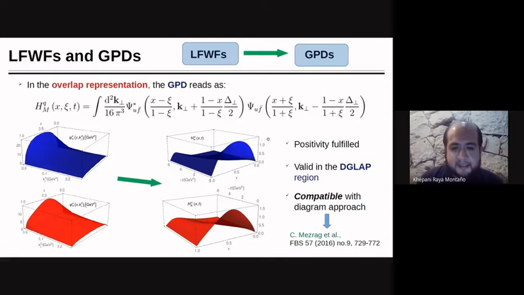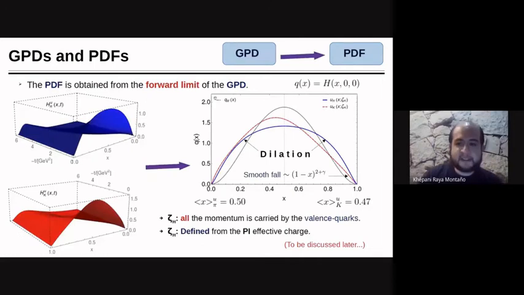Now we will take the forward slice, the slice that corresponds to zero skewness and momentum transfer, because that is precisely what the PDF is. Now we have the pion in blue, the kaon in red, and I'm comparing with the parton-like profile I showed you before. Again, the PDFs are dilated as a consequence of the emergence of hadron masses.